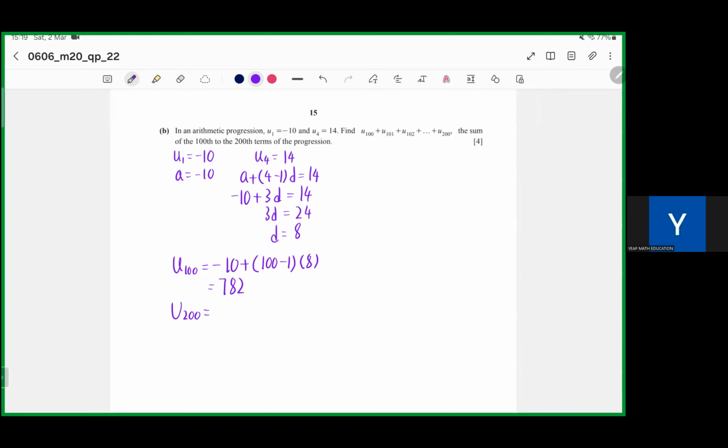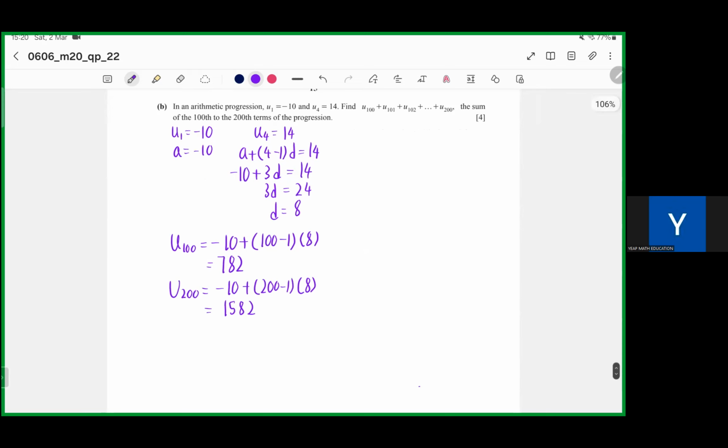It means u200 is negative 10 plus 200 minus 1 bracket 8 equals to 1582. Okay, now I use the equation A plus L. Why I use this equation? Because this is quite easy for me. I don't need to use the other one again. Because here you just take the first term plus the last term only. So you will get the answer.